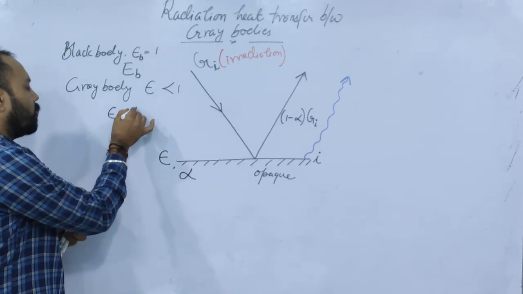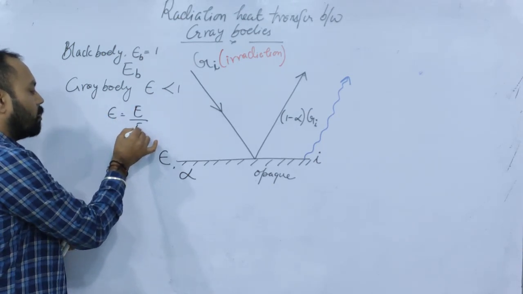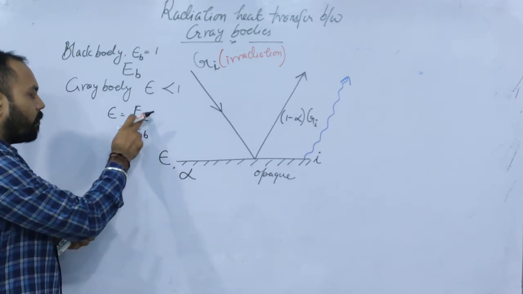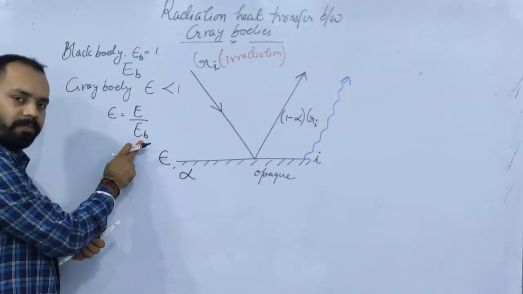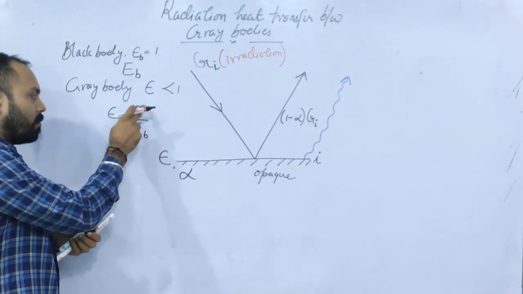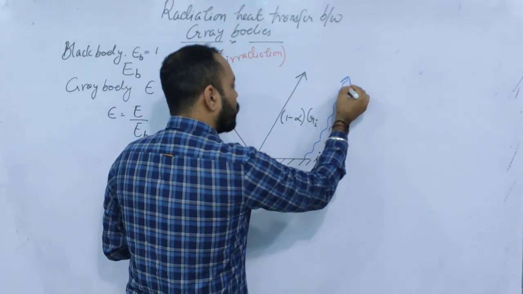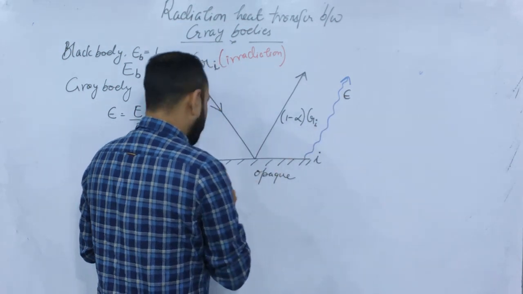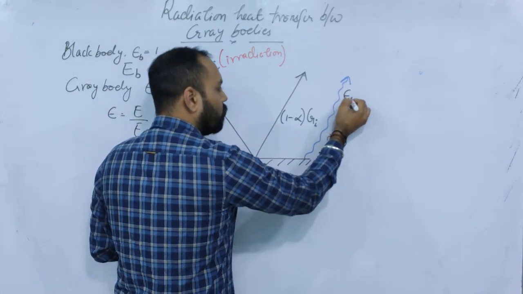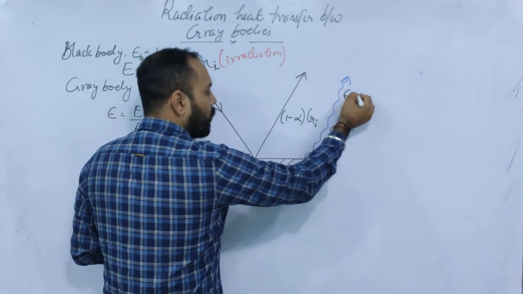Epsilon is equal to E divided by EB, right? The emissive power of the grey body divided by the emissive power of the black body. So for a grey body, the emissive power is equal to epsilon into EB. So I should write this as epsilon, because the name of the surface is surface I, so you can also write epsilon I multiplied by EBI.